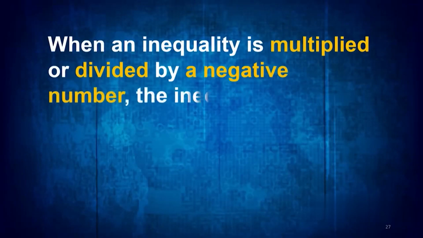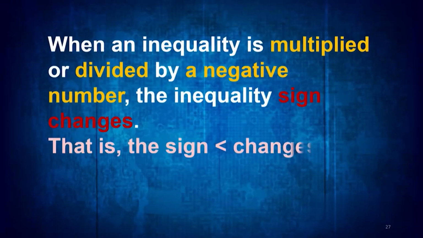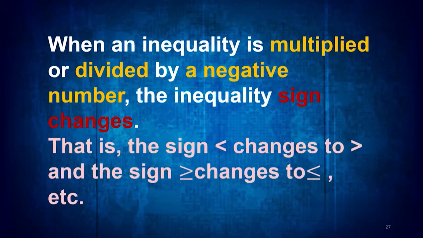When an inequality is multiplied or divided by a negative number, the inequality sign changes. Read it again, children. When an inequality is multiplied or divided by a negative number, the inequality sign changes.